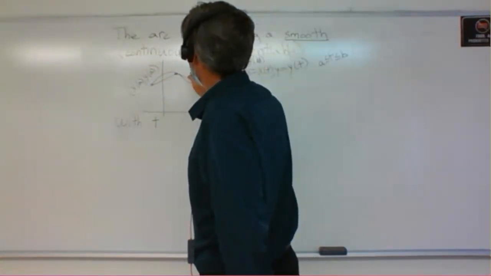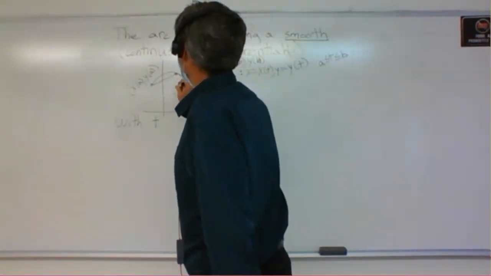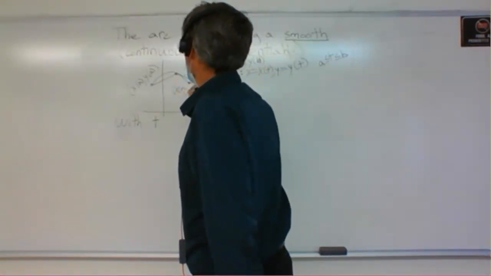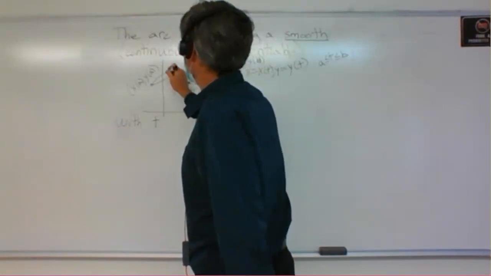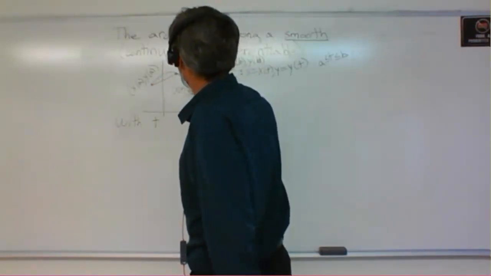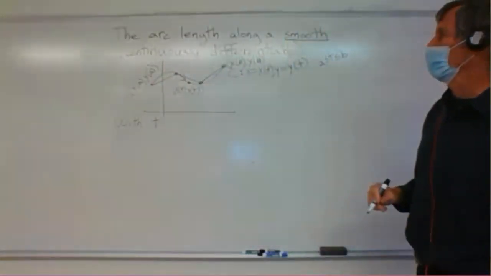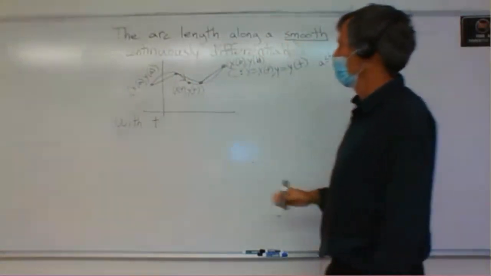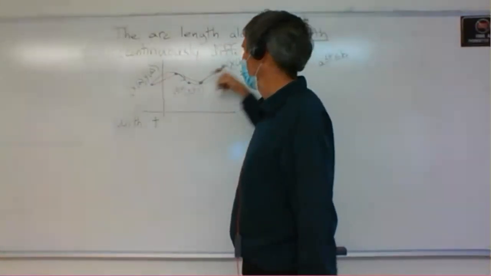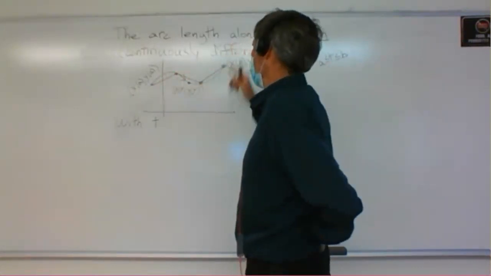At any point in the middle, you're at some point x of t, y of t, traveling along, and you sweep out the curve going from point A to point B, if you like, in that direction. So sometimes we'll draw an arrow on it to show what direction you're moving. You can have a curve where it goes forward and back, but for our purposes, suppose it goes forward.